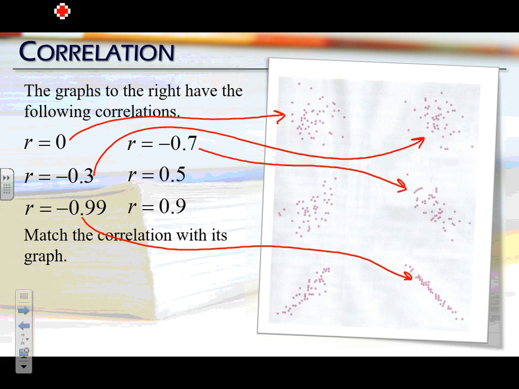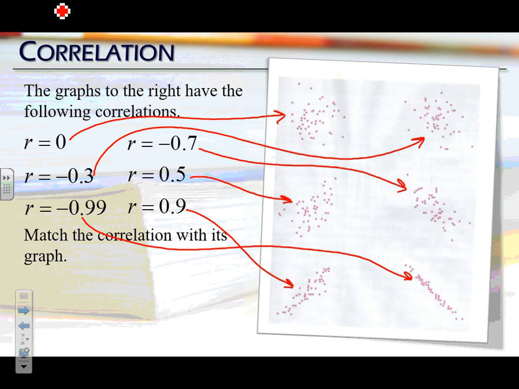The points are tightly clustered around that form. Okay? On the left then, 0.5 is going to go to that middle left, 0.9 is going to go to that bottom left. Keeping up with me? We still got some time.